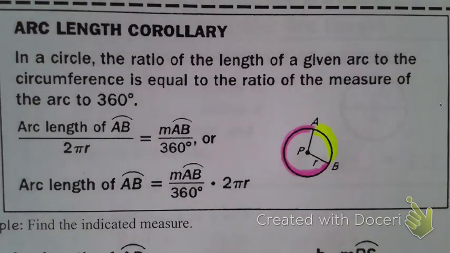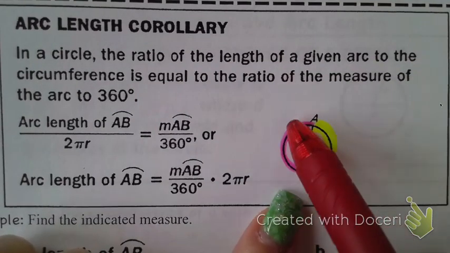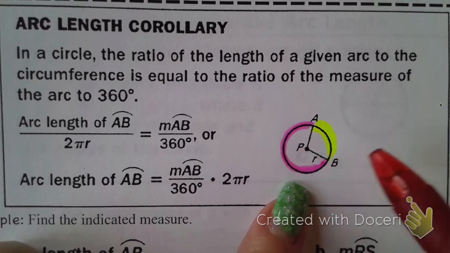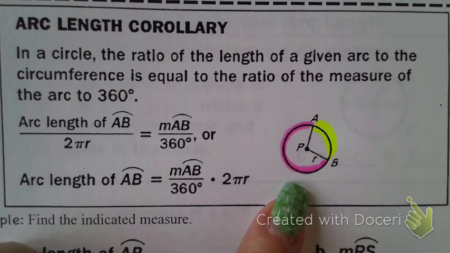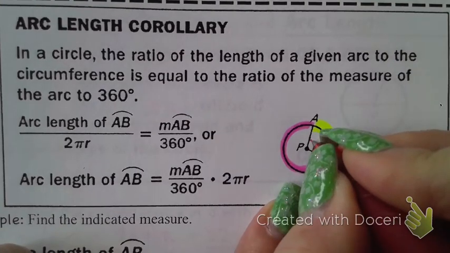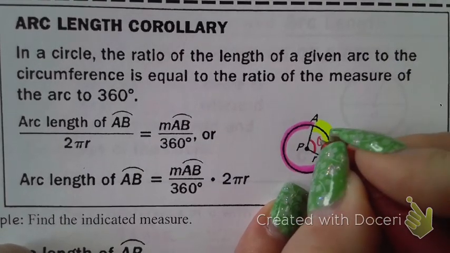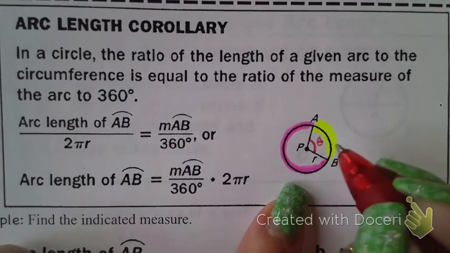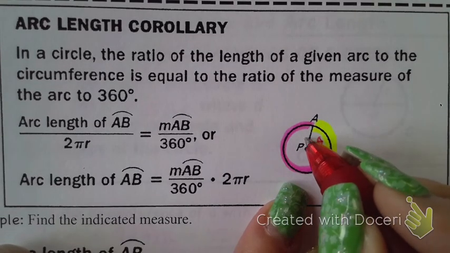So if I want a fraction of something, I multiply it by that fraction, correct? So I'm going to want to know the whole circumference, and then I'm going to need to multiply by the ratio I want, correct? So this angle right here, which we're going to call theta, with the circle with the line through it, is a fraction of what?